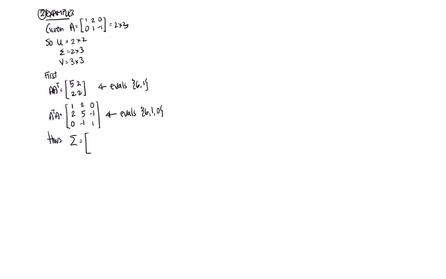What we do is we take the square roots of those. So these two together tell us that sigma 1 squared is 6 and sigma 2 squared is 1. So this tells us that sigma 1 is the square root of 6, sigma 2 is the square root of 1, which is 1. So those are the values.